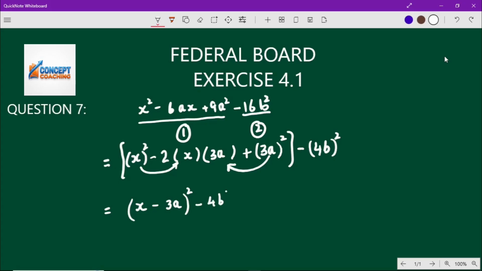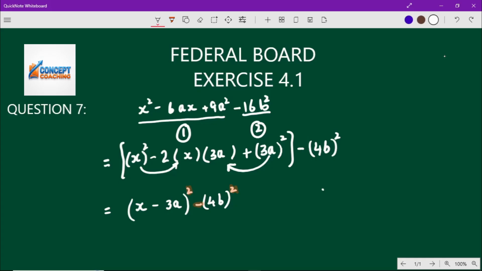4b whole square. Now you see that this is the square of two squares. We have the first square, x minus 3a whole square, and this is the second square, 4b whole square, and there is a negative sign between them. So if we have such a form, we will apply the formula of a square minus b square.